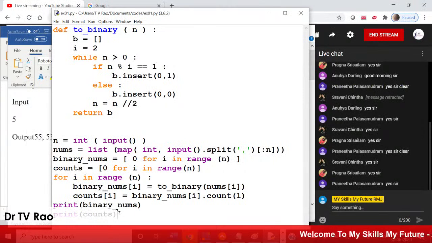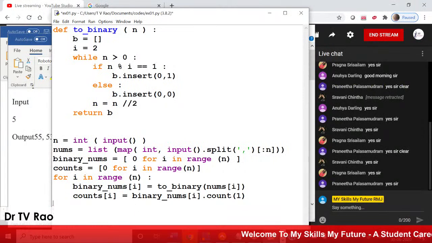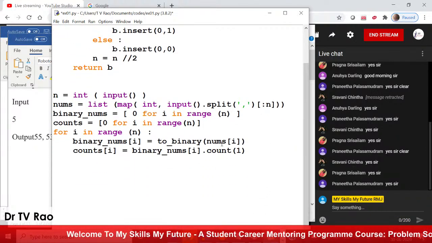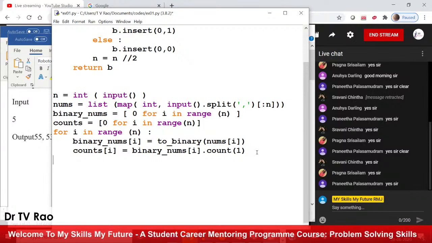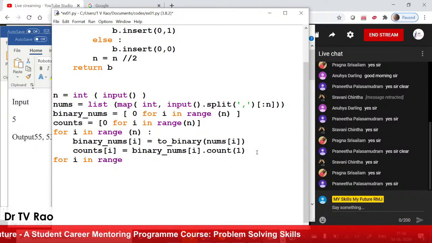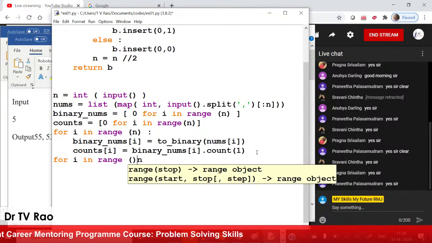Next. So you have counts, you have binary numbers. Next step is getting inversions.